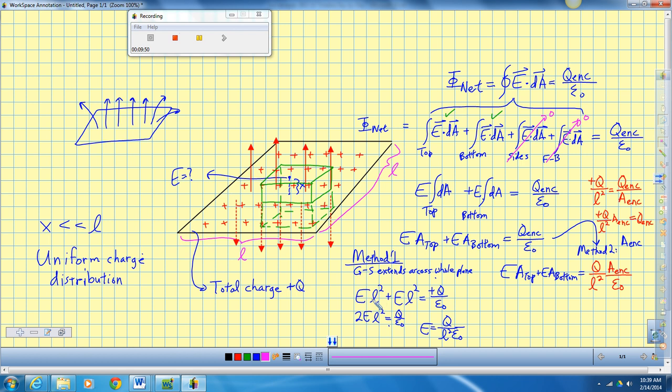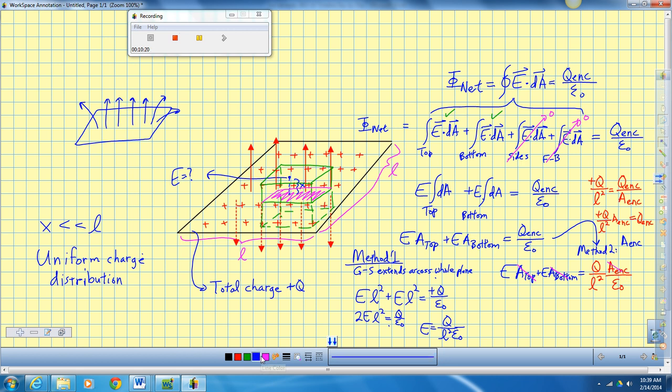Why? Because if I look at the area on my charge plate that has charge on it, so that would be like an area in the plane of about this big. That area is exactly the same as the area of my top and exactly the same as the area of my bottom of my Gaussian surface. So if I factored out an area and then canceled out, these areas cancel out.